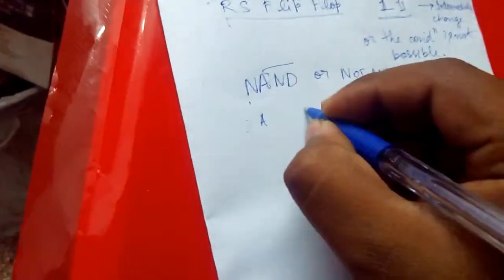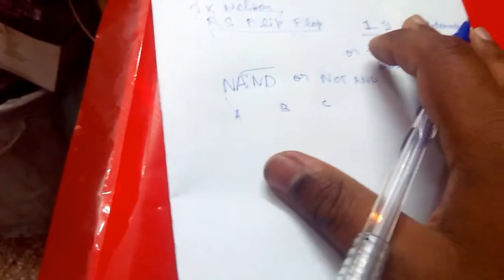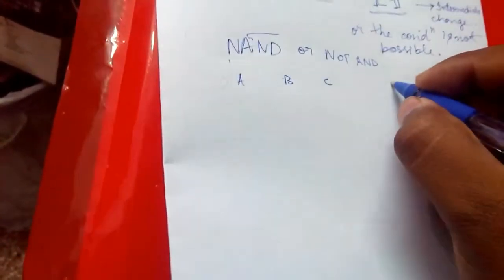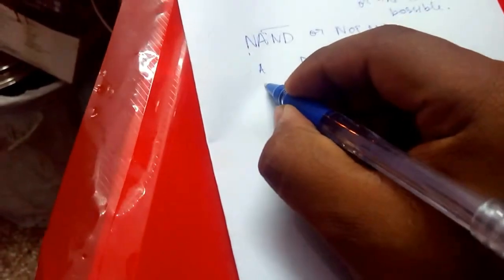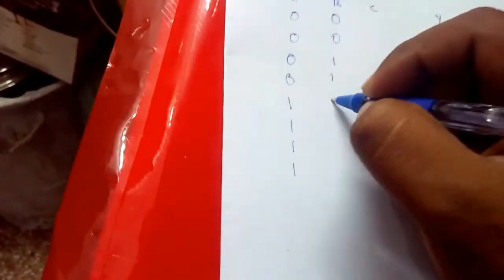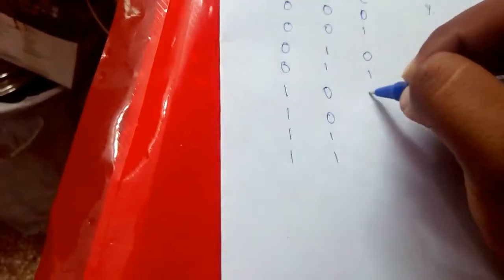Suppose A, B, C are the 3 inputs and Y is the output. Okay, let's make the table. 0 0 1 1 0 1 0 1.